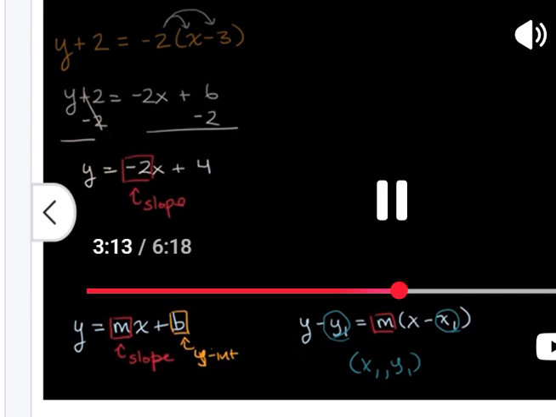Another example. Let's plug in 1. So you always start with x.